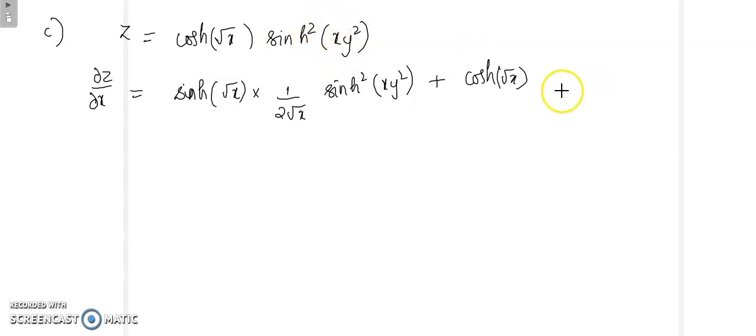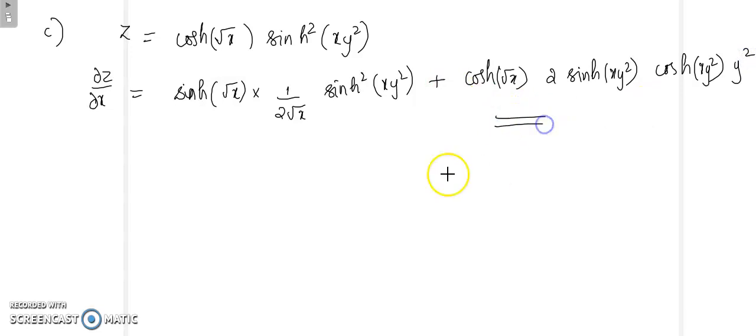The outer function is the square function, so 2 sin h xy square into the derivative of sin h, which would be cos h xy square, then take the derivative of xy square with respect to x, that will be y square. So that will be the value. Just simplify it. Then dou z by dou y will be, now when you differentiate with respect to y, the first term will be considered as a constant.